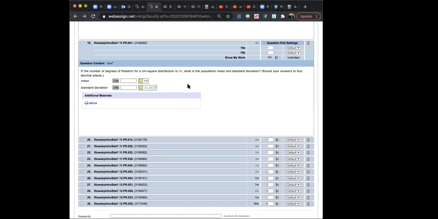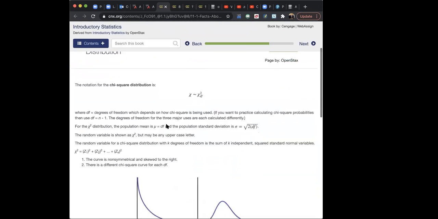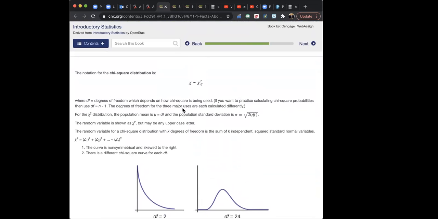If the number of degrees of freedom for a chi-square distribution is 64, what is the population mean and standard deviation? Round your answers to 4 decimal places. If you don't remember what the mean and the variance of the chi-square distribution are, you can look them up by checking your book, your eText link, and it takes you right to the information that you need.